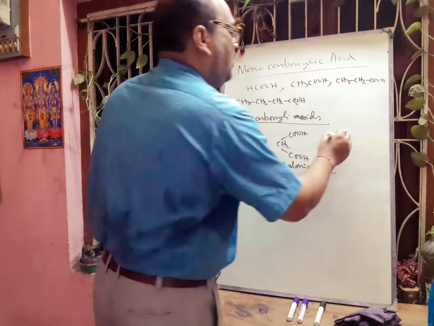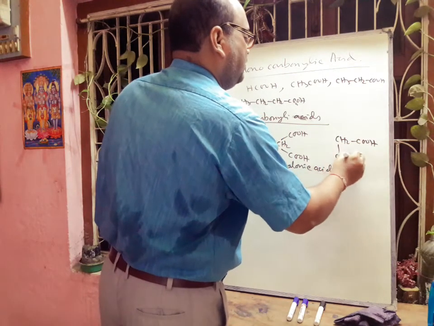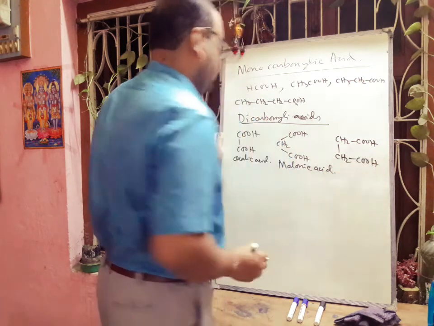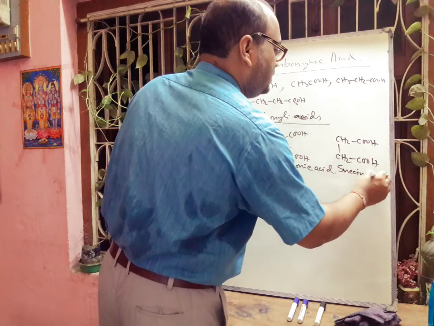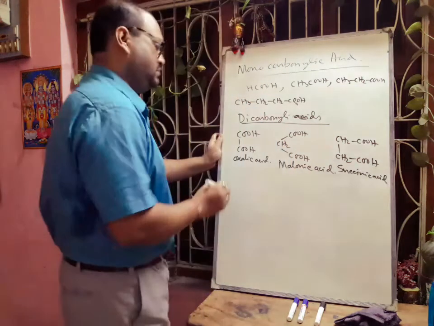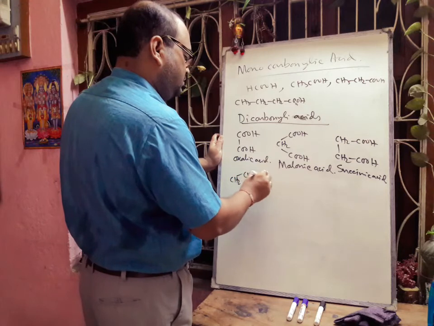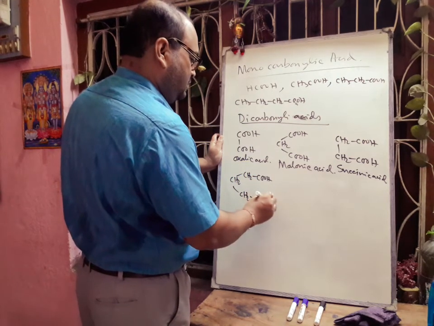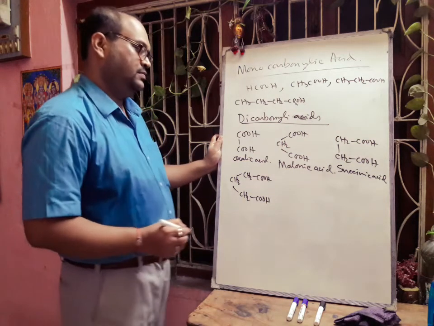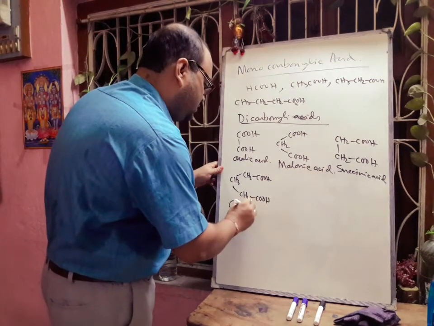If we add one more carbon atom to this aliphatic dicarboxylic acid, then it is called succinic acid. If you add one more carbon atom to this dicarboxylic acid, this one is called glutaric acid.